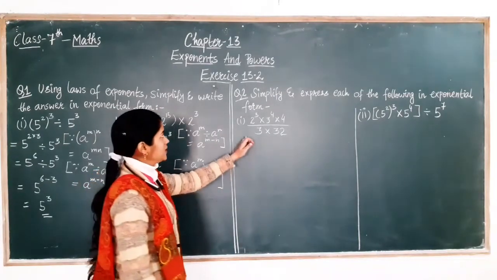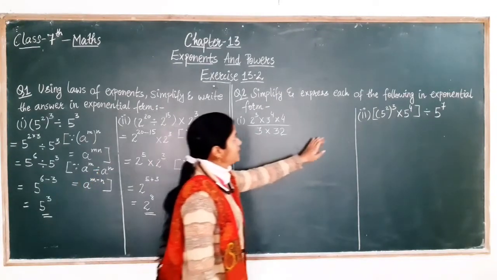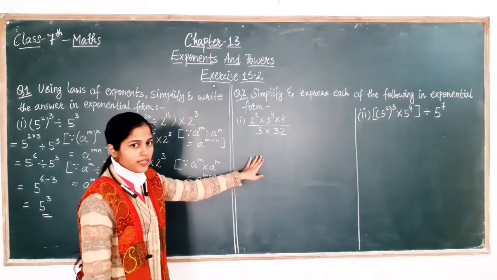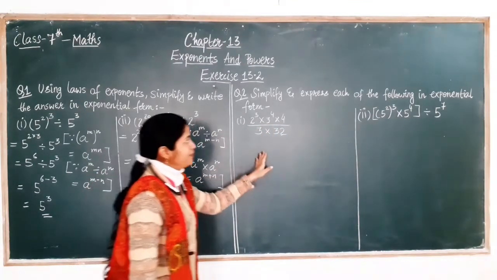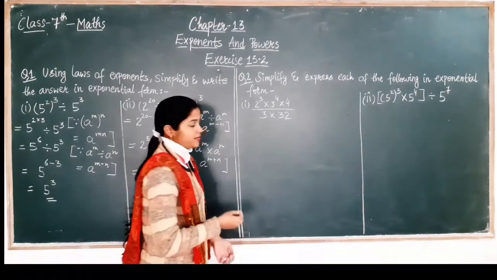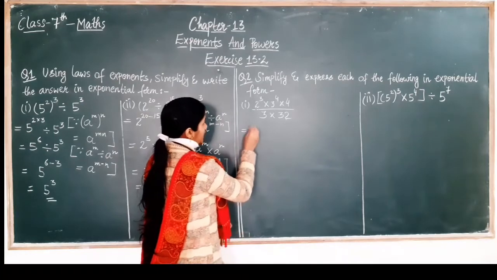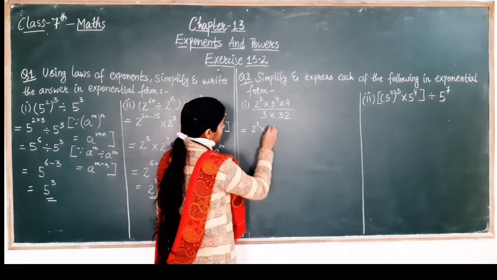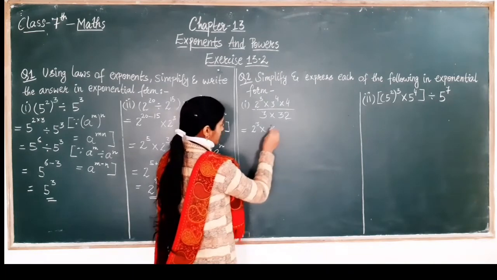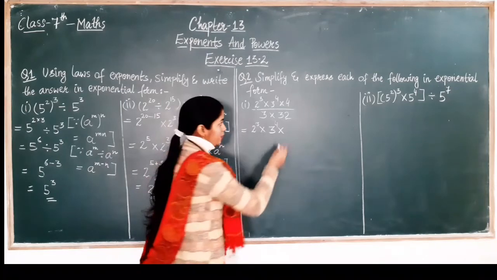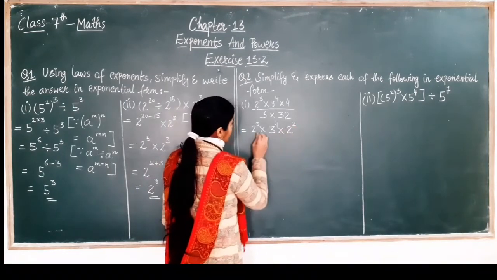Now we'll see our next question, that is question 2. Simplify and express each of the following in exponential form. So in this question also we have to solve and simplify it, and give the answer in exponential form. So now we will write 2 raised to the power 3 multiplied by 3 raised to the power 4. And how can we write 4? We can write 4 as 2 raised to the power 2.